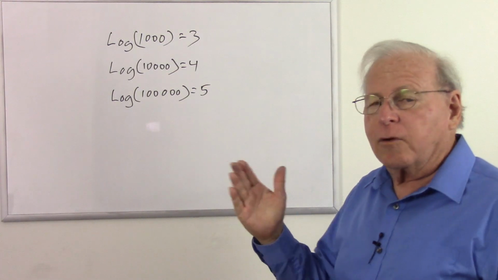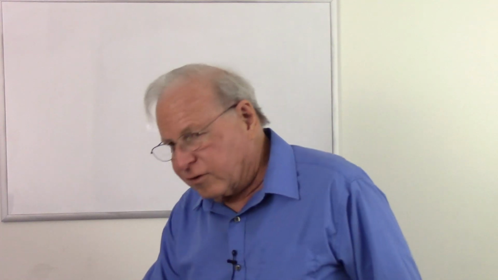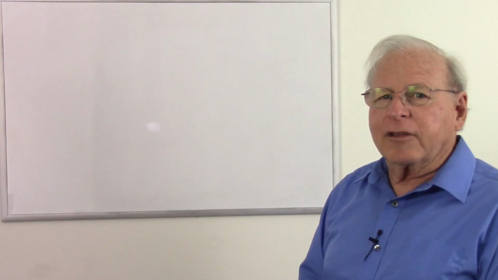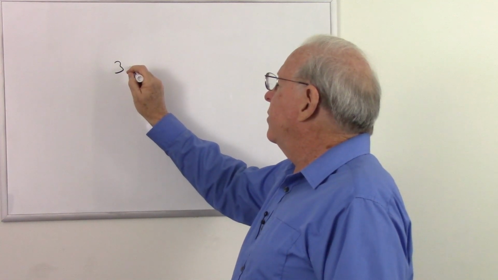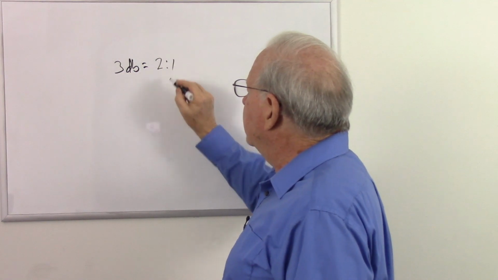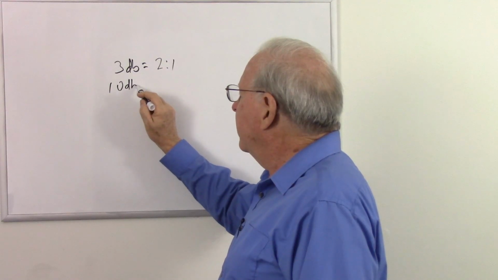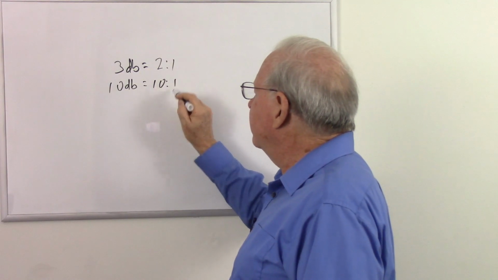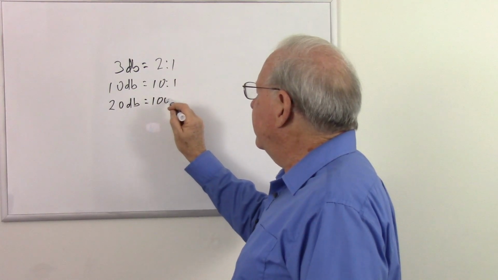We already looked at that in the quick look at decibels. Let's just do a quick review about that, because that uses logarithms. What are decibels? So our decibels, 3 decibels equals a 2-to-1 ratio. So decibels are always ratios. 10 decibels equals a 10-to-1 ratio. And 20 decibels equals 100-to-1.